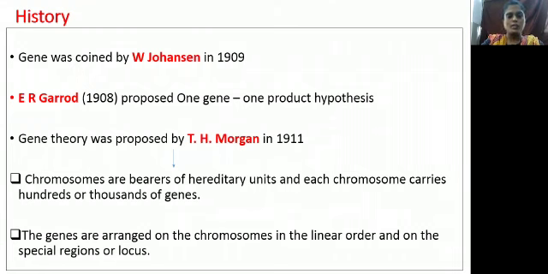Within one chromosome there are hundreds to thousands of genes present. So we can say that the number of genes far exceeds the number of chromosomes.